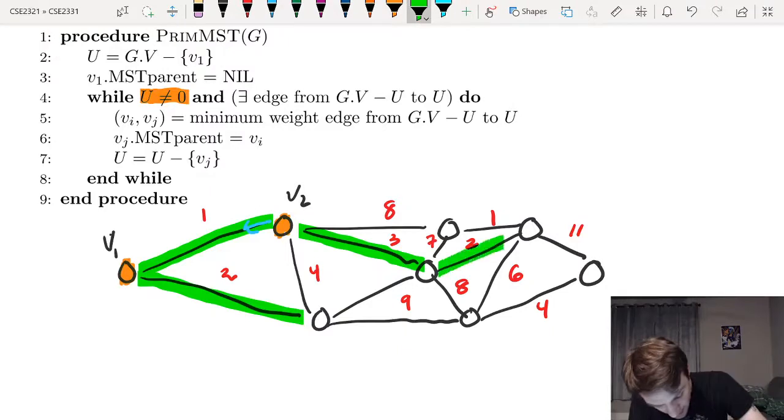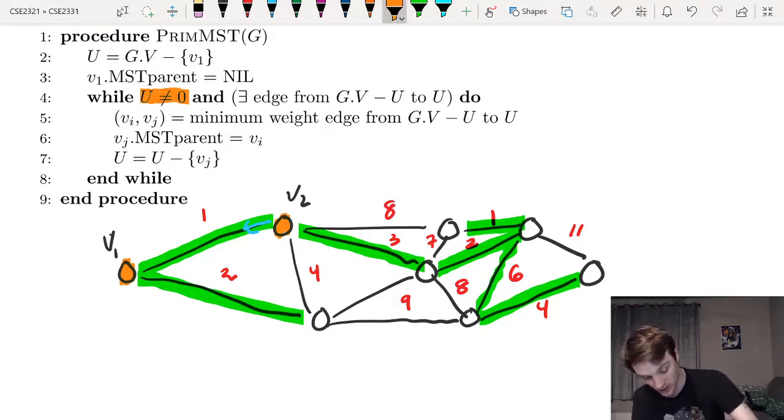This is the next smallest. That's the next smallest. And then we have an 8 going here, a 6 going there. So a 6 going there seems like the right choice. And then up there. We color all of them orange. So that's walking through the algorithm there. All of them are connected now. That's our minimum spanning tree.